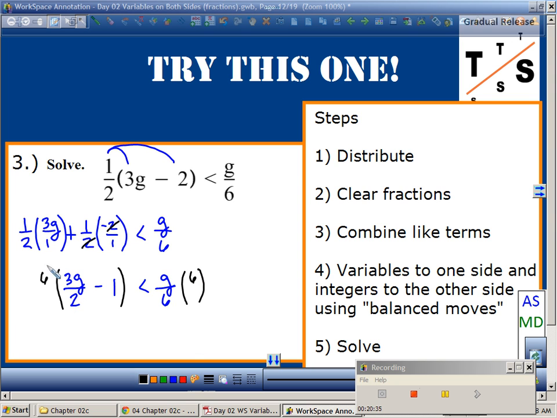So when I multiply both sides by 6, I have to distribute it, right? When I distribute it, I get 2 times 3 over 1 times 3g over 2 minus, or I should say plus 6 times -1 is less than. Do I really need to distribute this? It's already right there, right? We don't need to do anything with it.